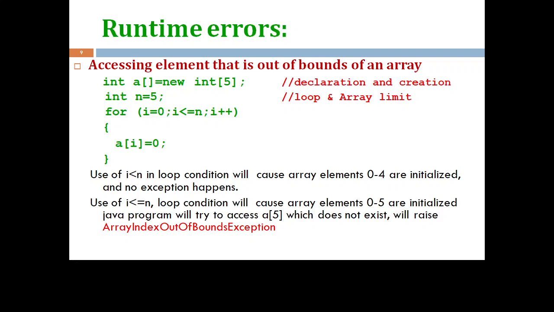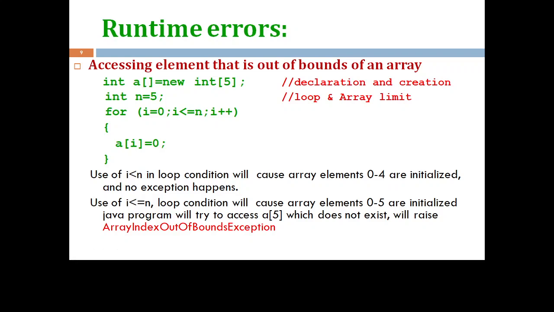Here, if n is equal to 5, and i is equal to 0, i is less than or equal to n, then less than or equal to n means 0 to 5. If we write less than n, that will come up to 0 to 4. Less than n means it will stop at 4. Less than or equal to n means it will go up to 5.